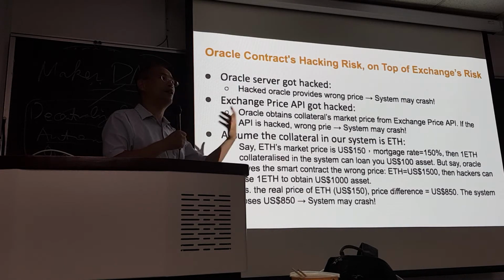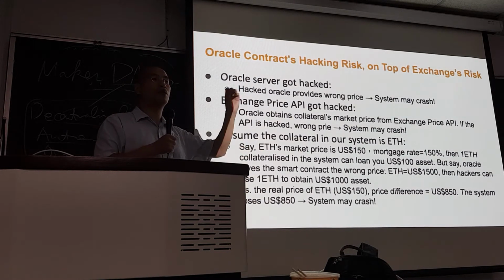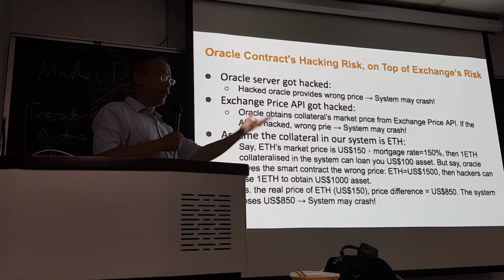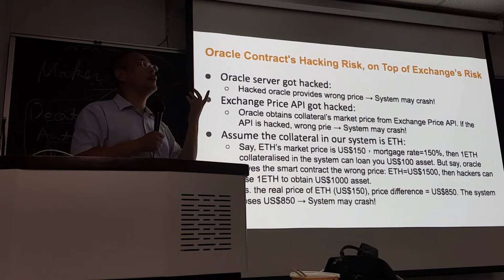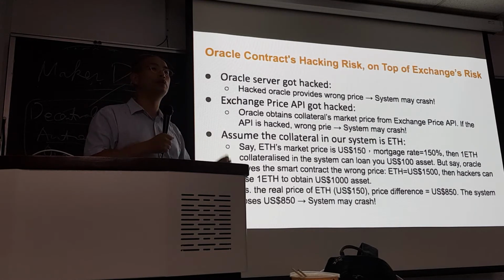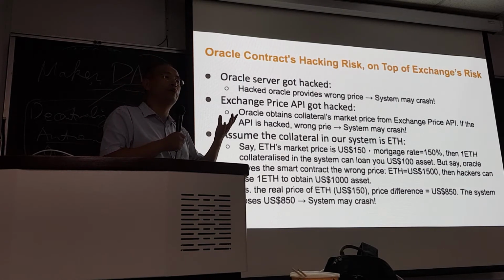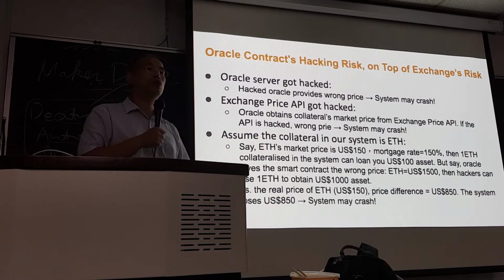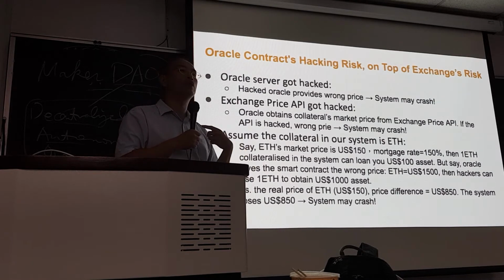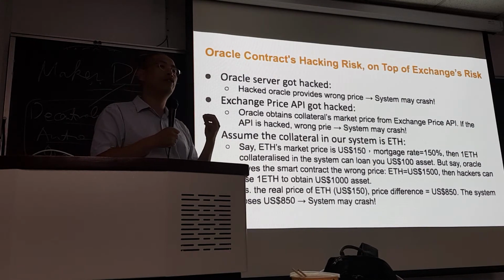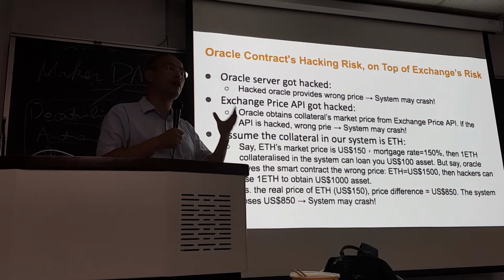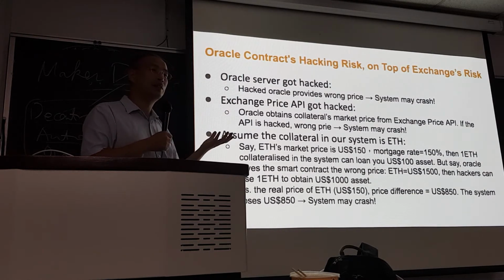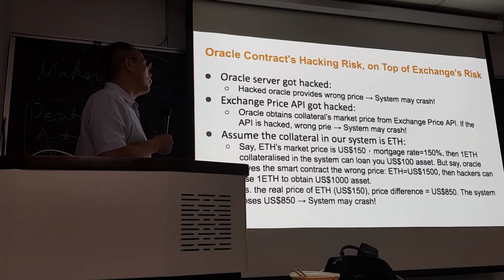Then I'll be so happy because when I put in 1 Ether into the smart contract as collateral, if it's $2 million US, I get 60% of the $2 million US, right? So I get 1.2 million US dollars back. So I only put in $200 US, I get 1.2 million US dollars. Then the platform loses a lot of money. They lose about 1.2 million US dollars immediately, right? The system may crash, and the money may be gone, right?